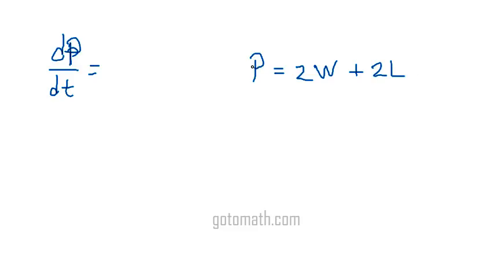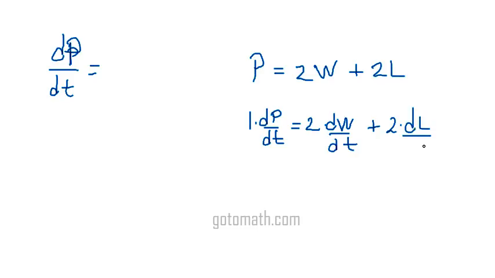And so, for example, the derivative of P is 1. Okay, I guess I'll just go ahead and write that. And then we're going to write dP over dt. Alright. And we take the derivative of this guy, and the derivative of 2W is just 2. And then we're going to write dW over dt. And of course, once again, 2 times dL over dt.